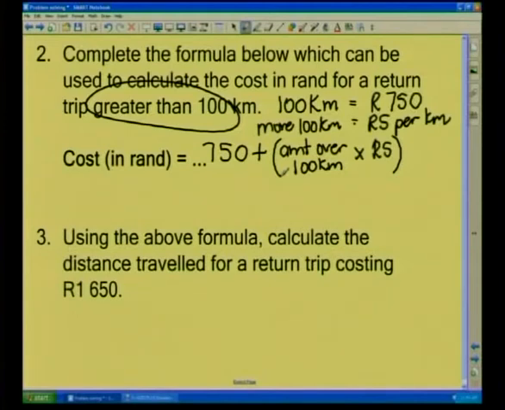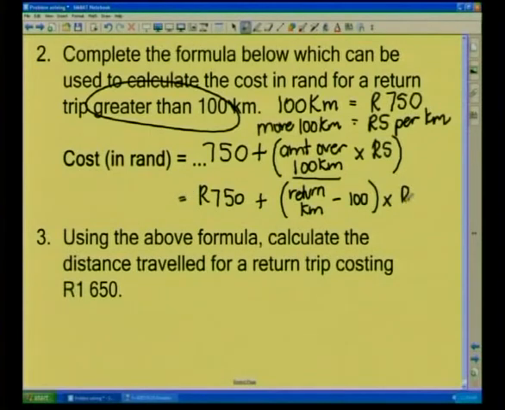In order to find the amount over 100, it's going to have to be your return kilometers minus your 100 to work out how much it is over 100. And I'm going to leave all the rest in there. And then I need to times that by 5 Rand.